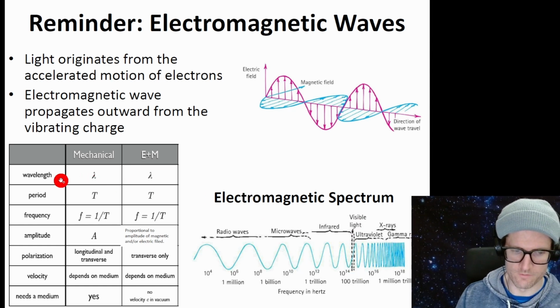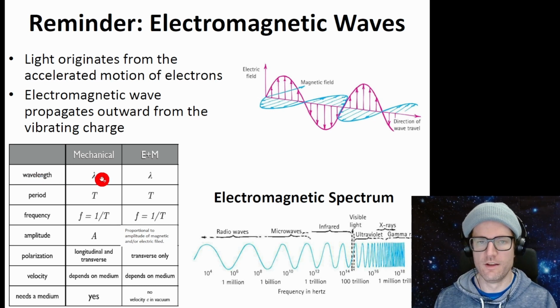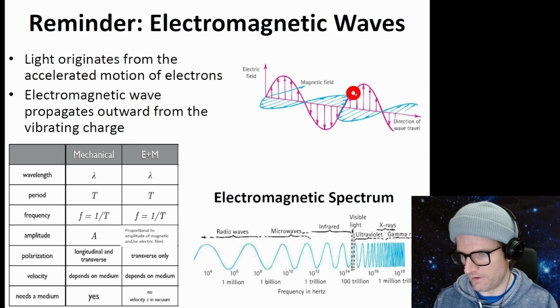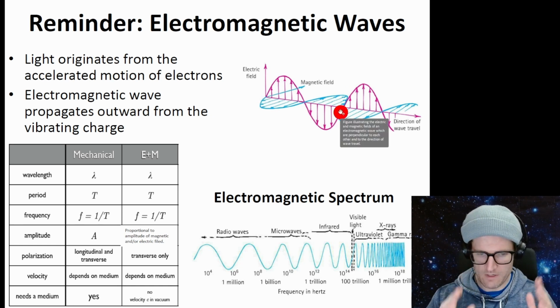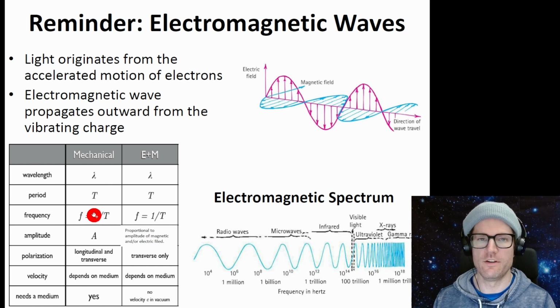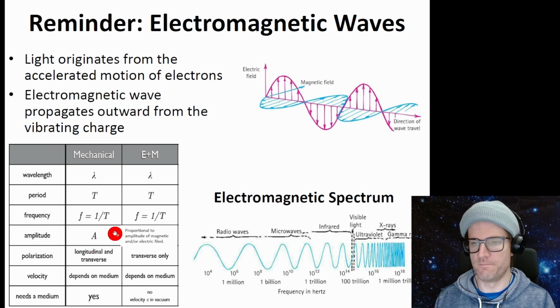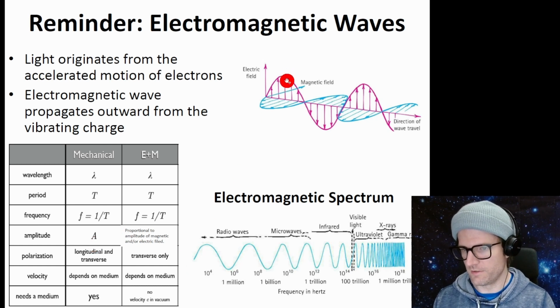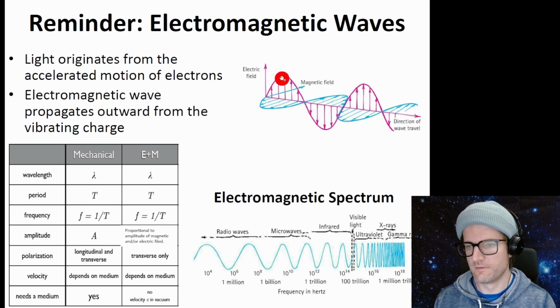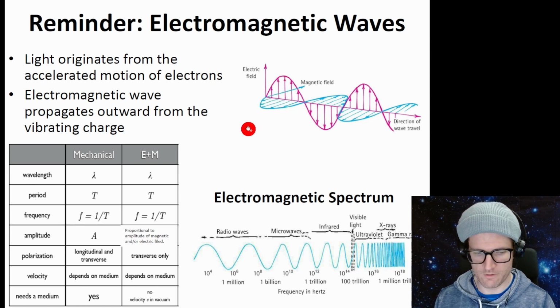And these are our ways of characterizing a wave. There's wavelength, which is over what distance it repeats. Period is over what time it repeats. Frequency is how often it repeats in time. Amplitude, in this picture, is the highest strength of the electric field or the highest strength of the magnetic field.